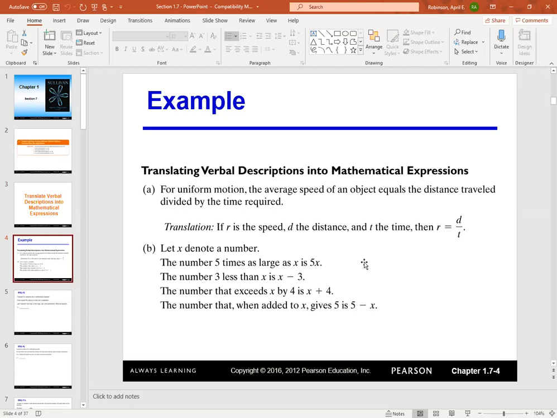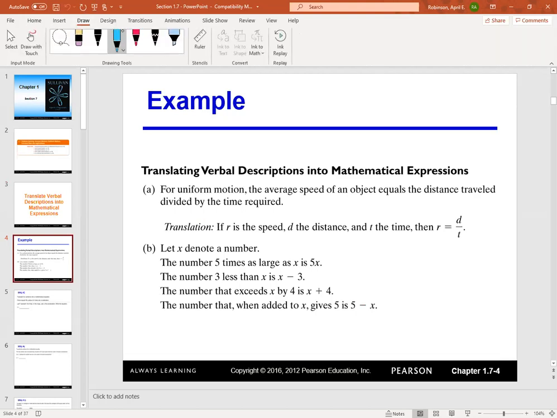And they specifically talked about the uniform motion problem. Uniform motion, let me grab my pens. Most people remember this as distance is equal to rate times time. But this says the average speed of an object equals the distance traveled divided by the time required.